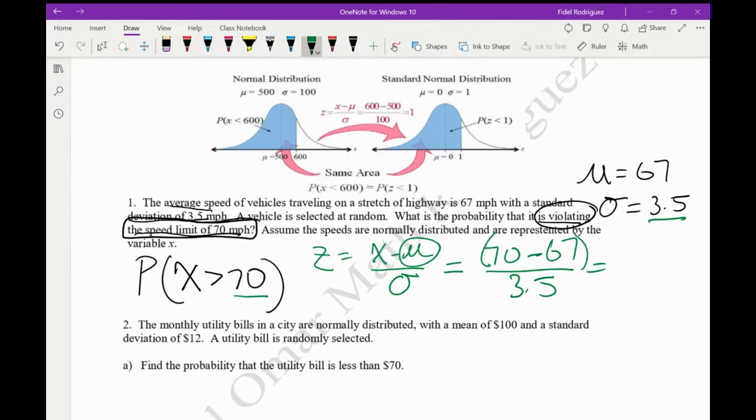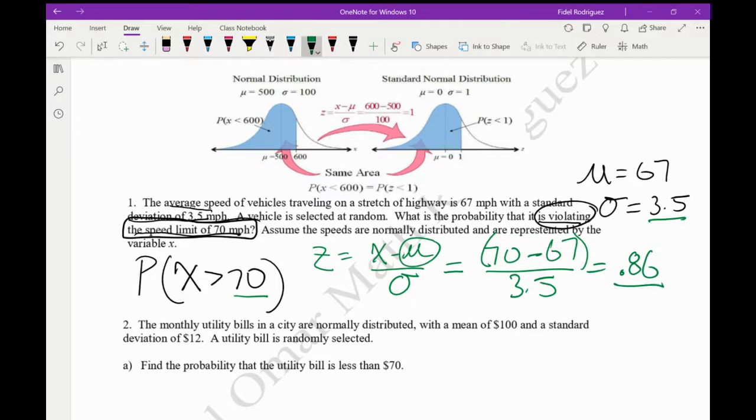So I'm just going to do this here on my calculator. I'm going to go 70 minus 67 in parentheses, and then divided by 3.5. And I'm coming up with 0.8571.